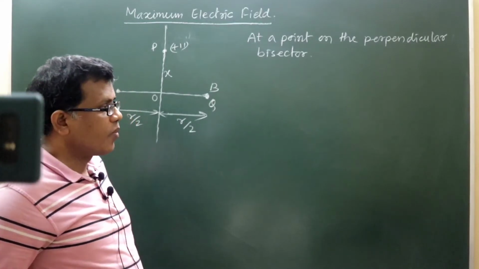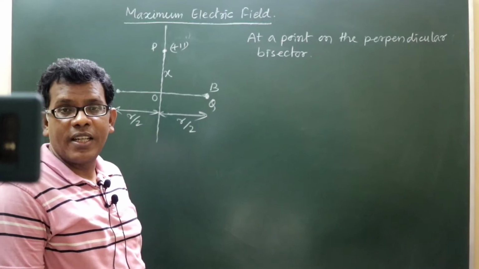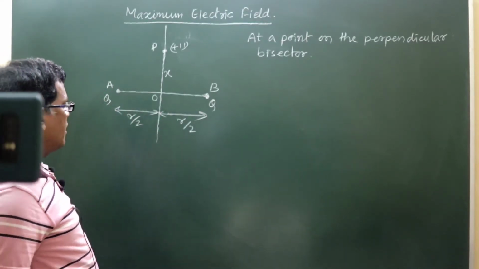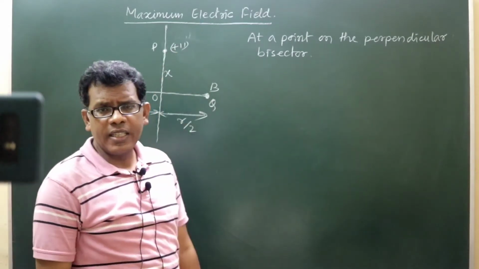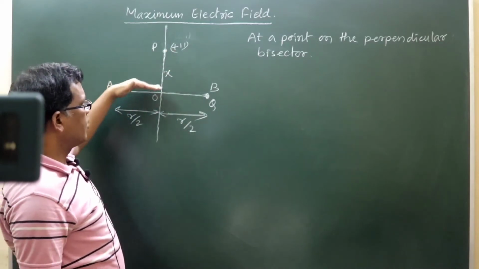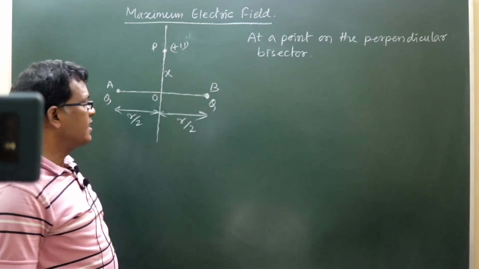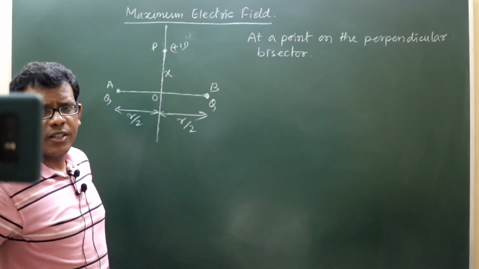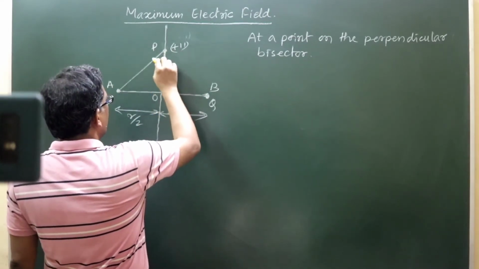The given charges are located at A and B, separated by a distance r, and both are positive charges. So I have taken a point P at a distance x from the line joining the charges.